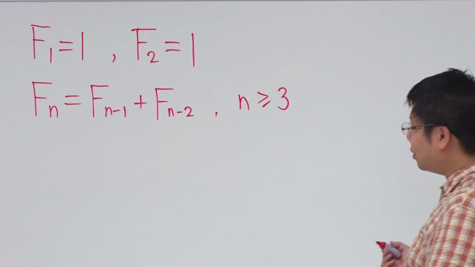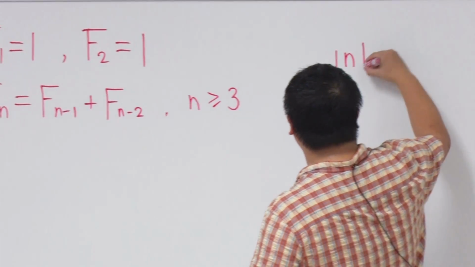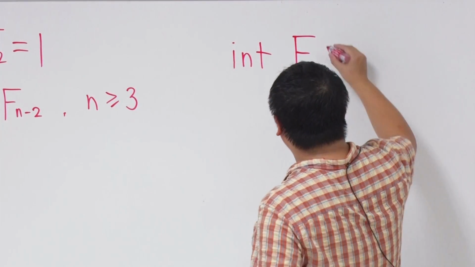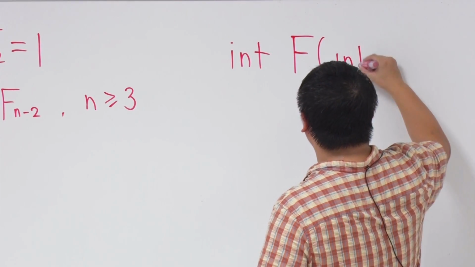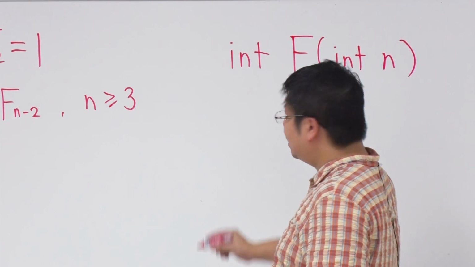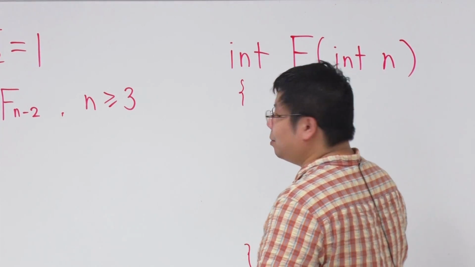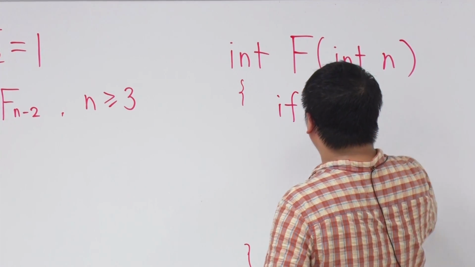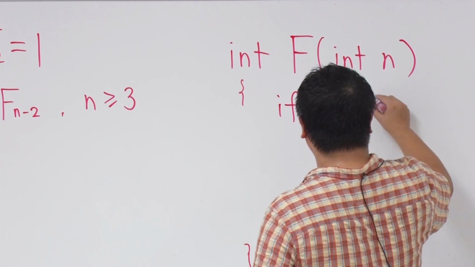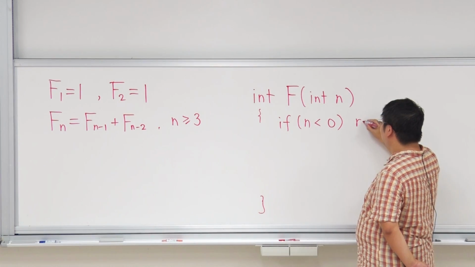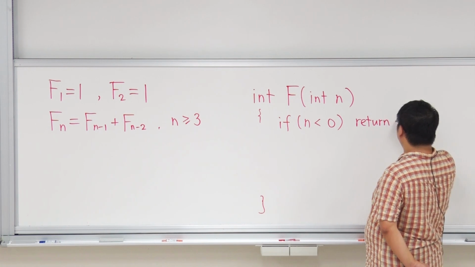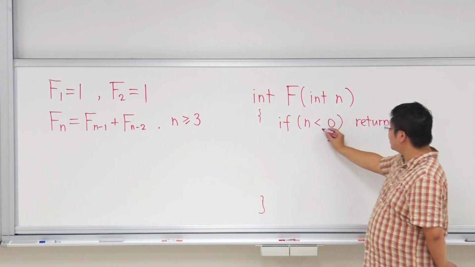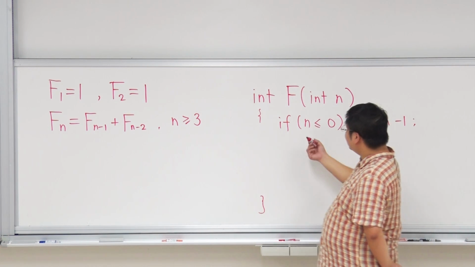So let's write the recursion for this one. Someone writes this as a recursion. It writes down integer f, and we have an integer n. I'm using C, okay. So if n is less than 0, then we will report some error, return whatever. Let's say we are not going to compute anything like f(-1) or f(0), less than or equal to 0, okay?